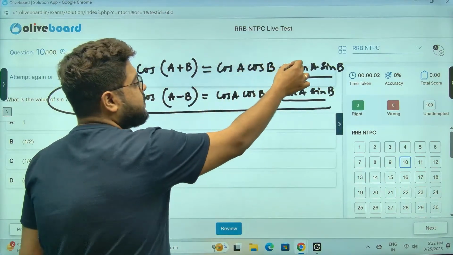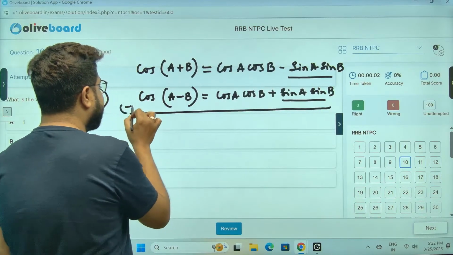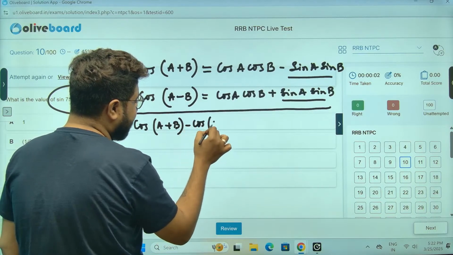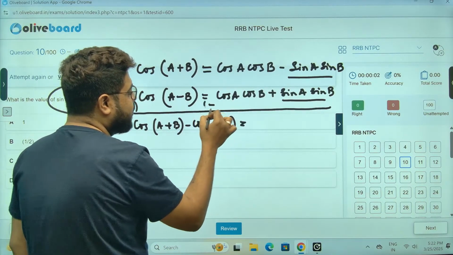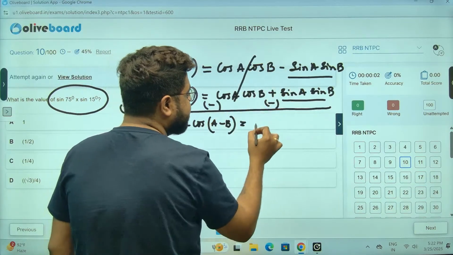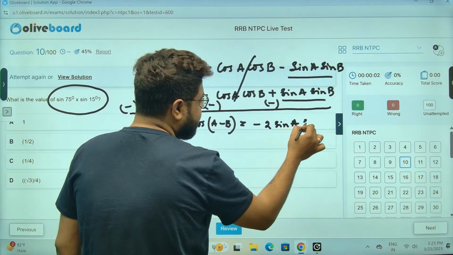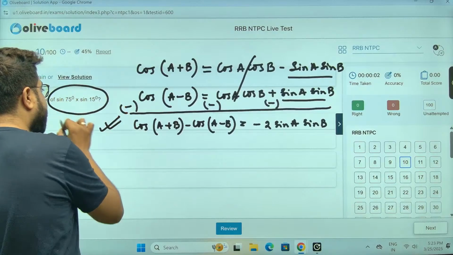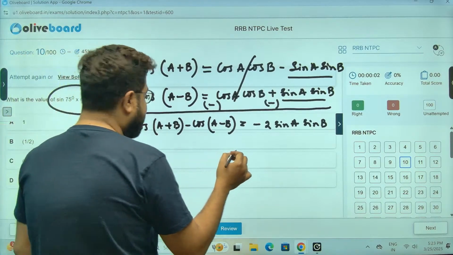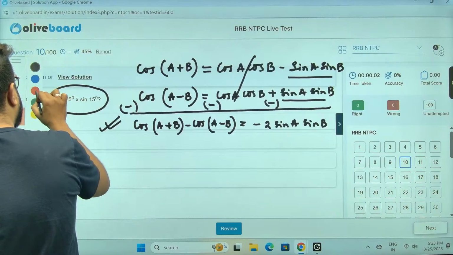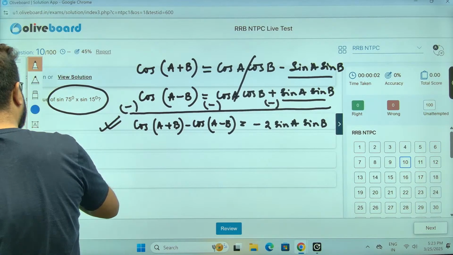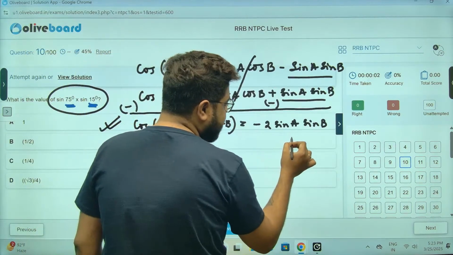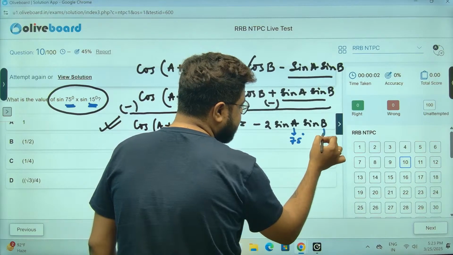If I add them, this will cancel, so I'll subtract: cos A plus B minus cos A minus B. If I do subtraction, it cancels, and this becomes minus 2 sin A sin B. Now, using this relation, can you figure this out? A is 75 degrees, B is 15 degrees.